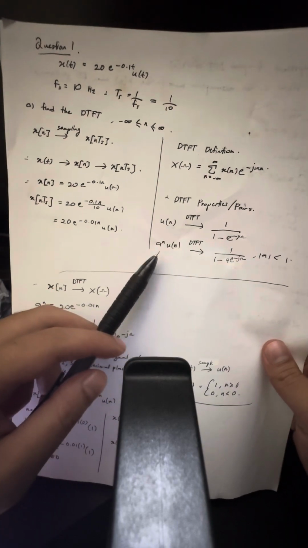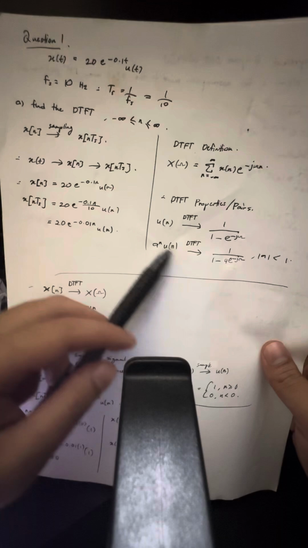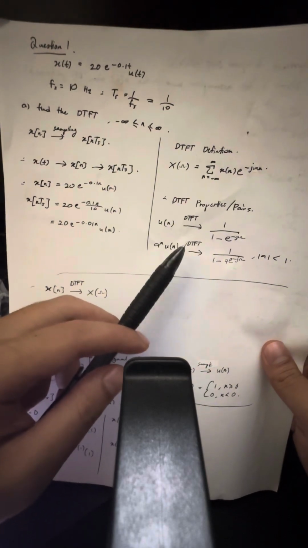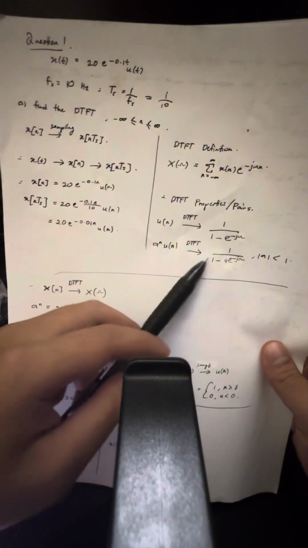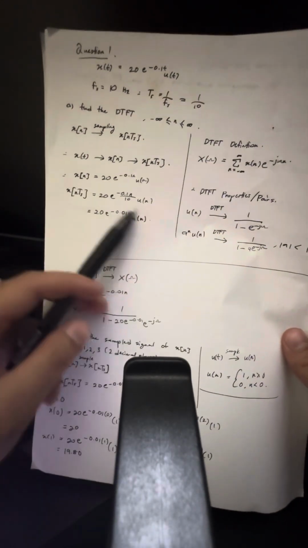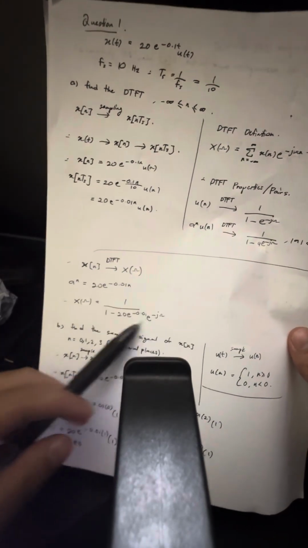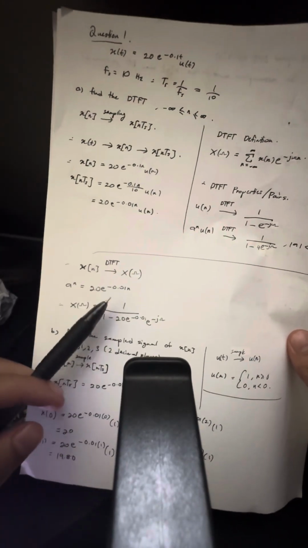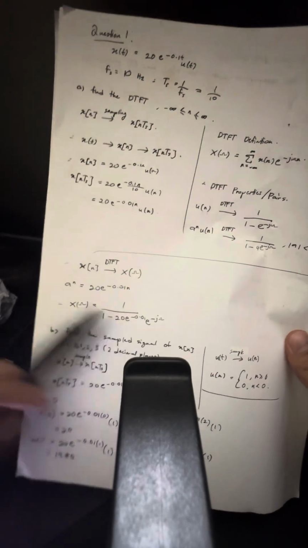And also when we have a to the n times a signal, when we transform it using DTFT pairs or properties, we also get the signals when a is less than 1. So for this equation, when we do the DTFT transform, we got this equation as our DTFT of the sample signal. So this is the one.